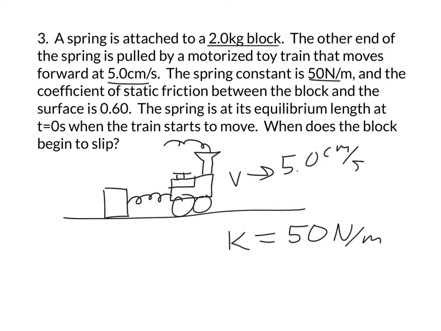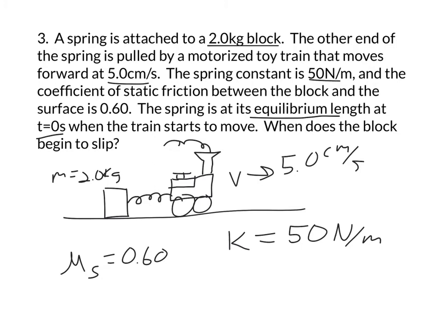The block is 2 kilos. We have a coefficient of static friction, mu s, equal to 0.6. And it starts at equilibrium. Good to know. When will the block slip?